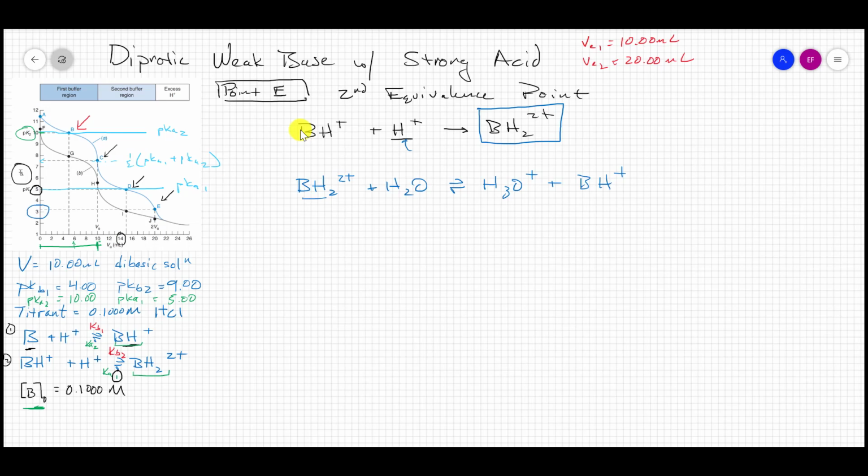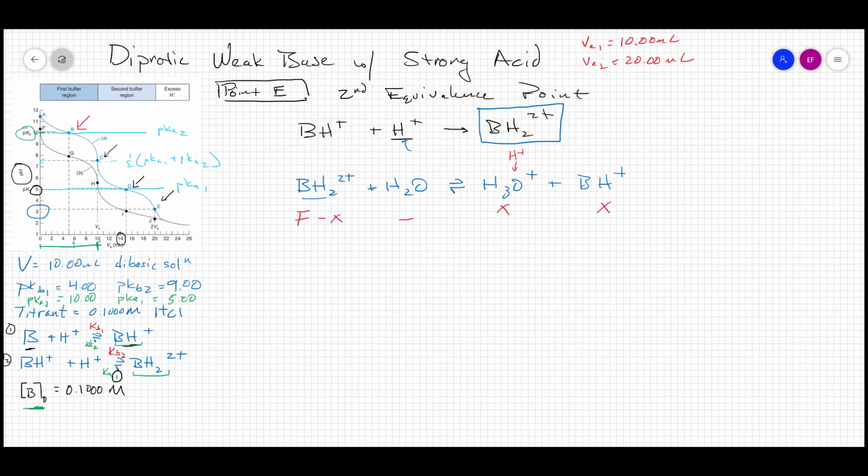And so it's going to be the same setup where you have some formal concentration of BH2 2+, some amount X is going to go away, water is pure, and then some amount X is going to appear for both the H3O+, in this case it's the same as H+, you know that, and the BH+ species.